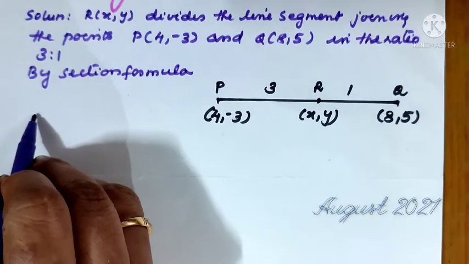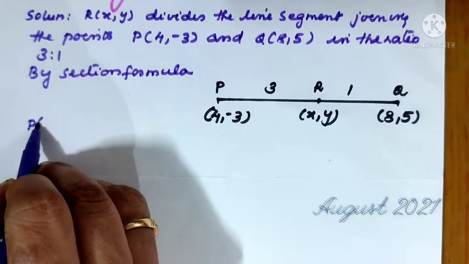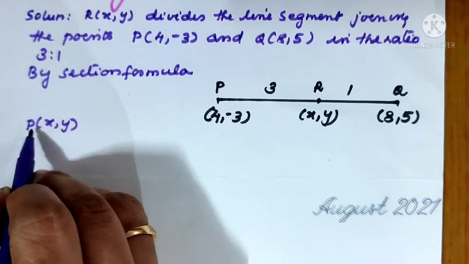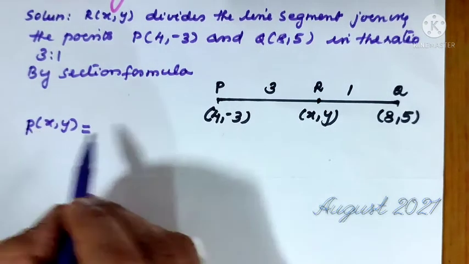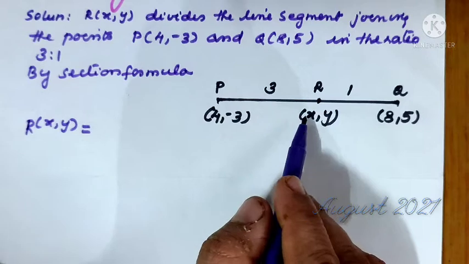So by section formula, what can we write for P(x, y)? R(x, y) equal to R value only. By formula it is P, but now we have used R only.